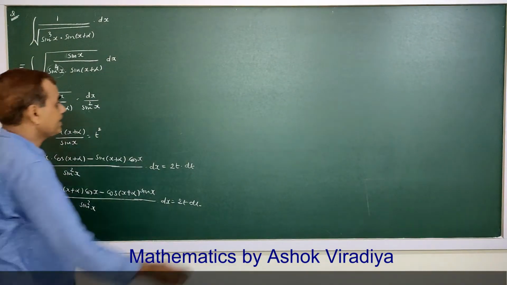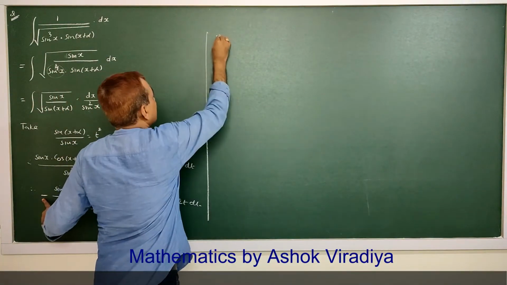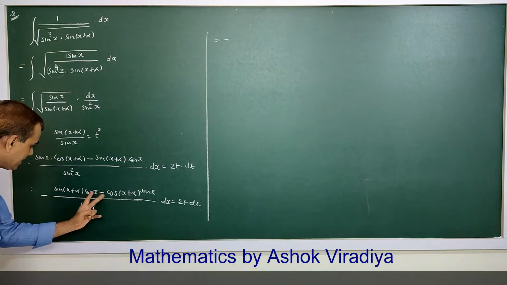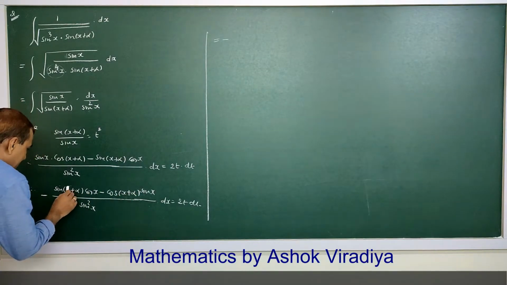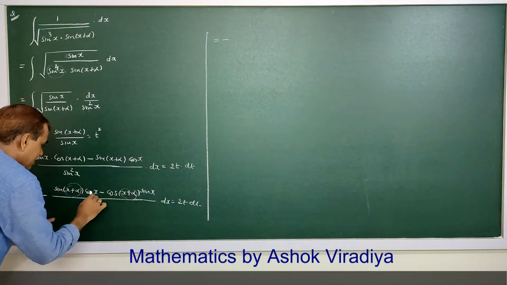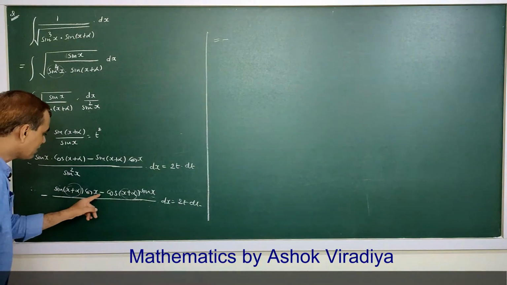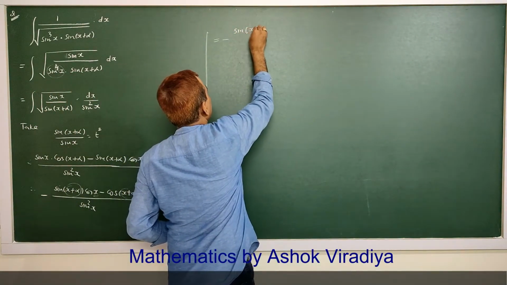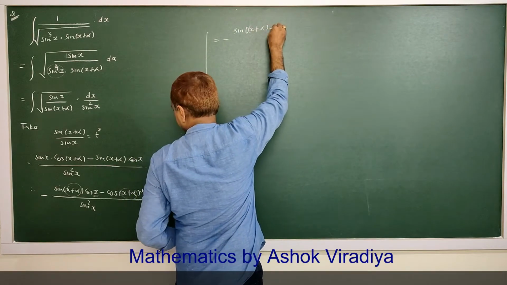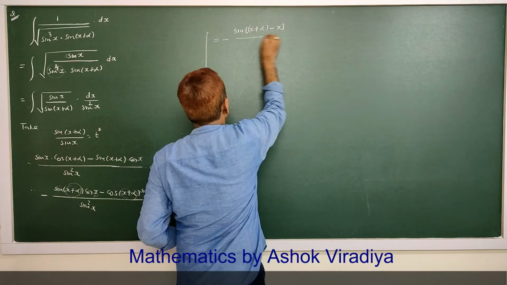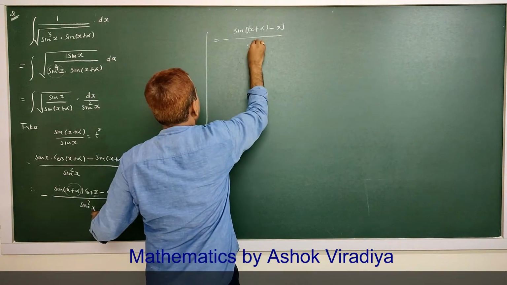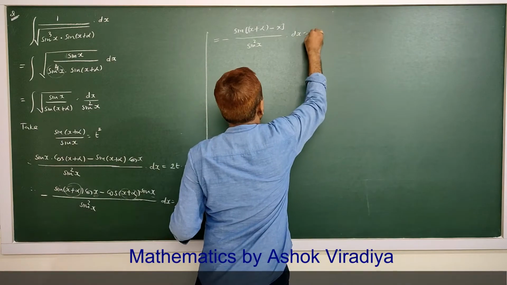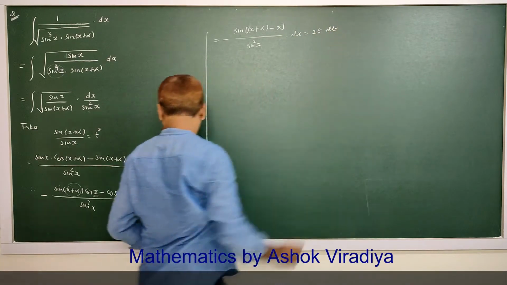So minus is the main sign, minus sin alpha cos beta minus cos alpha sin beta. Suppose this is alpha, this is beta. So sin alpha cos beta minus cos alpha sin beta is sin of alpha minus beta upon sin square x dx is 2t dt.